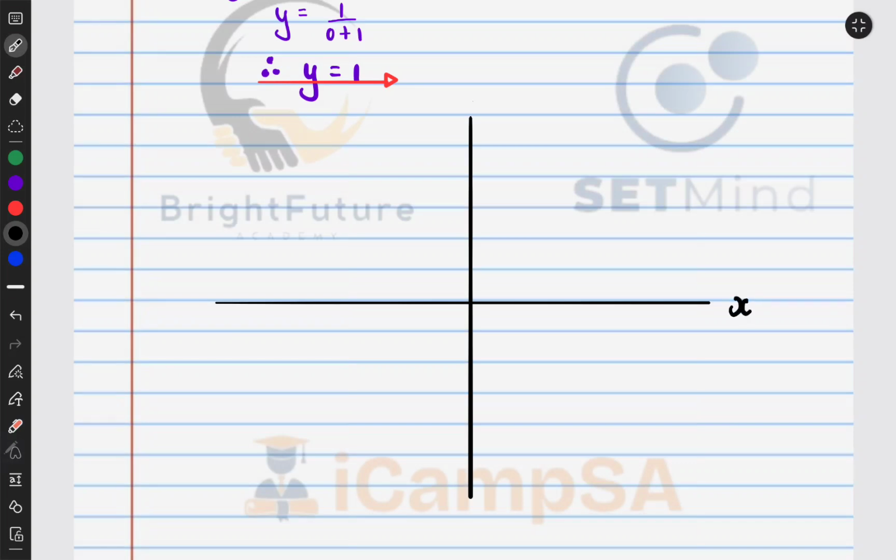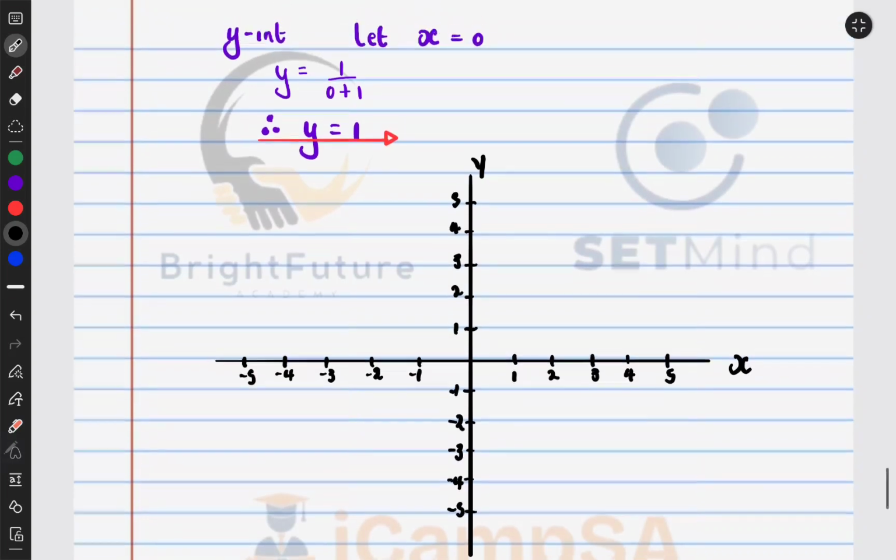This is x, this is y. 1, 2, 3, 4, 5, and -1, -2, -3, -4, -5, on both axes, for each set.